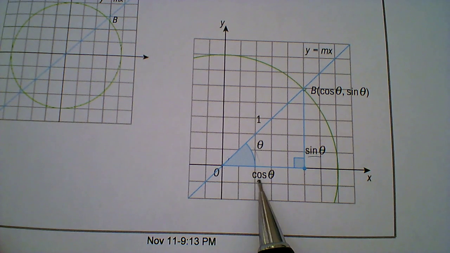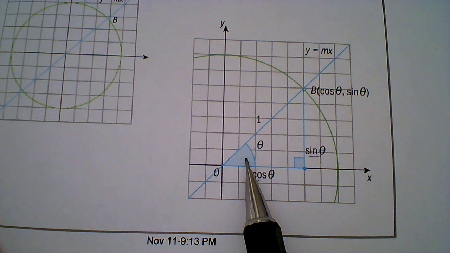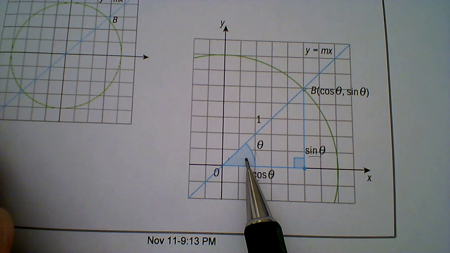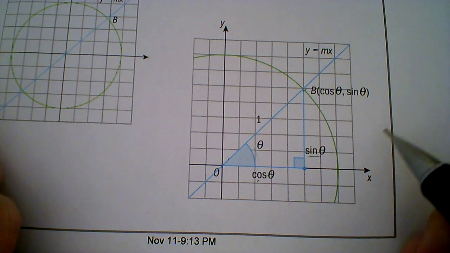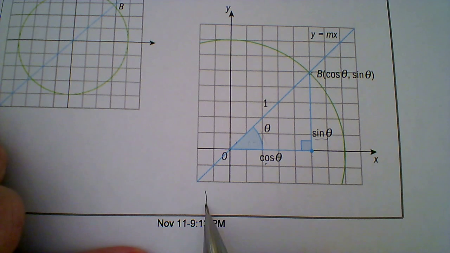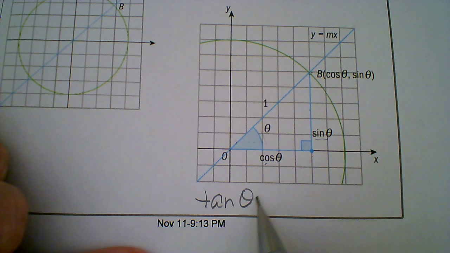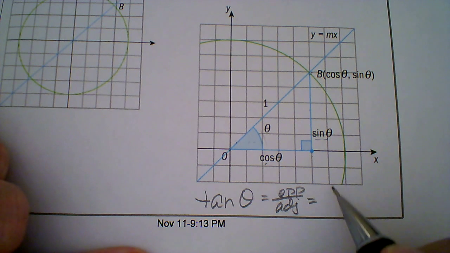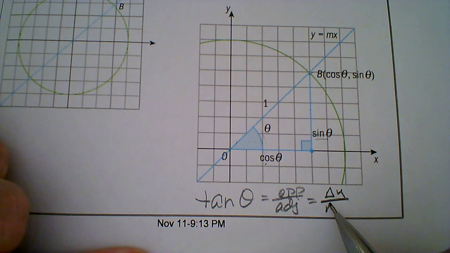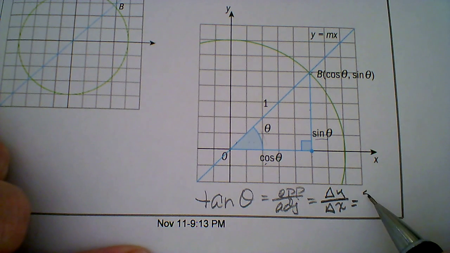So if we think about that, the tangent of theta, as we know, is the opposite over adjacent, which in this case is the change in the y value over the change in the x value, and the change in the y value is sine of theta.